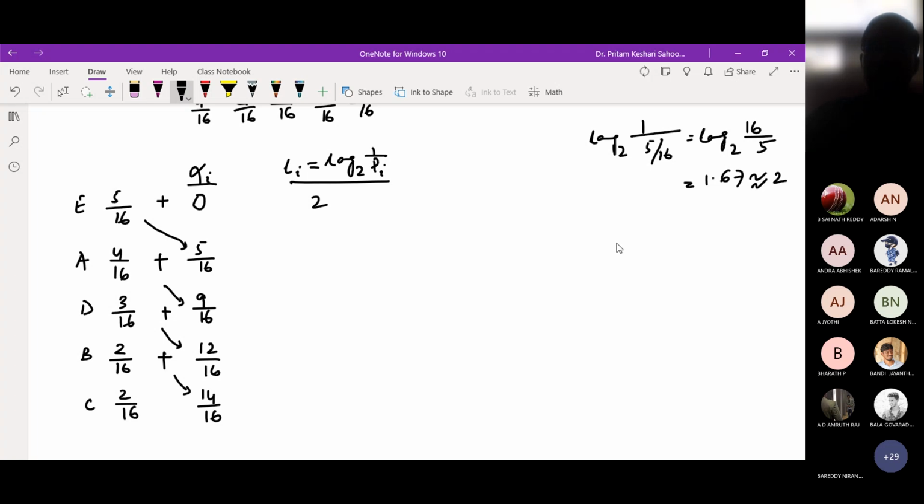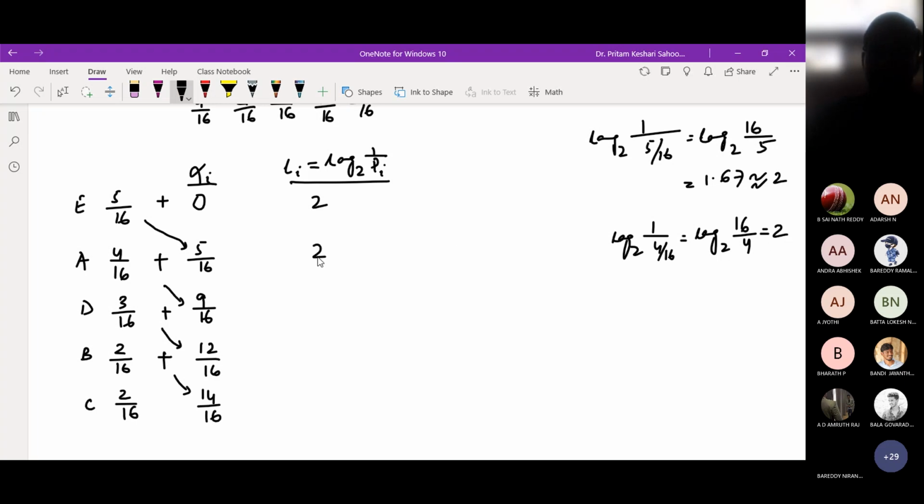Similarly, for the second, log base 2 of 1 divided by probability. The probability here is 4 by 16. So that is log base 2 of 16 by 4. 16 by 4 is 4, and log base 2 of 4 is 2.